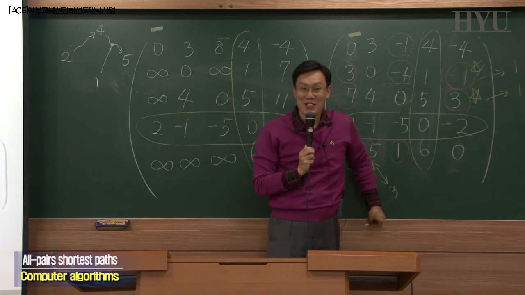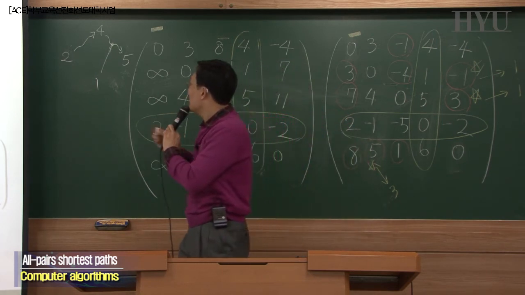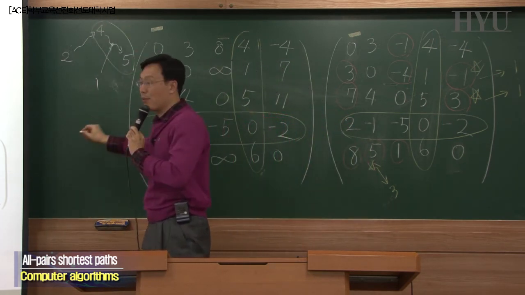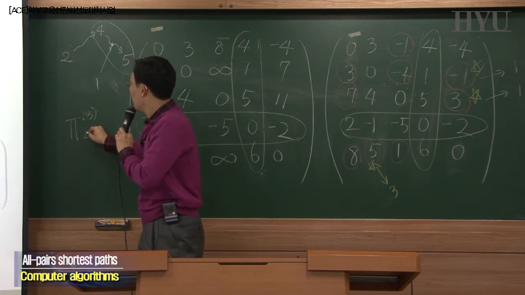Then the question is, where is the value 1 stored? Look at this. It's from pi 3, 4, 5.